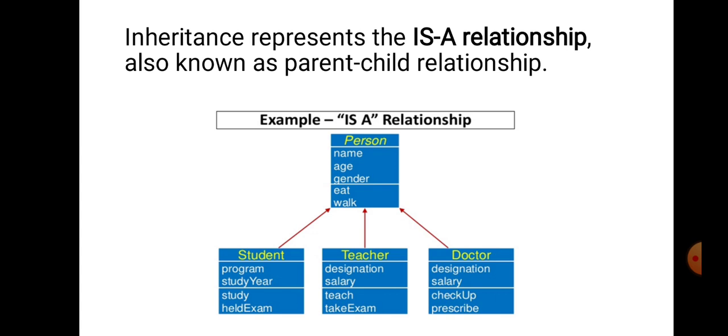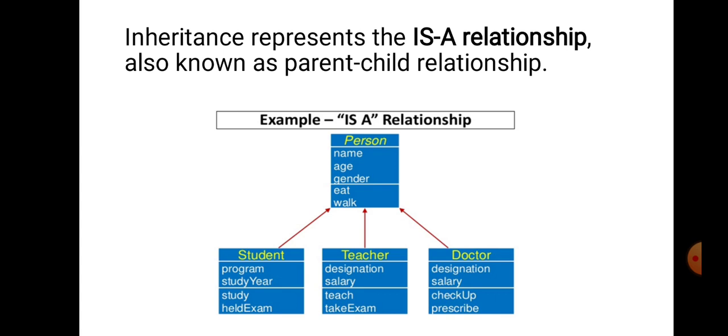Similarly, we want to create a new class, the doctor class, and the doctor class also has features like name, age, gender, eat, walk, and new functionalities like designation, salary, checkup and prescribe. So the doctor class also has the features like name, age, gender, and instead of writing this code again in the doctor class, we will take the code which is already present in an existing class and derive it in a new class.